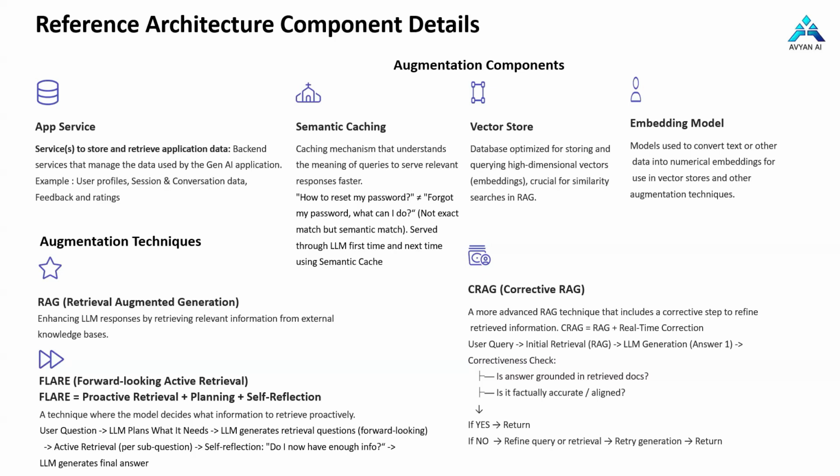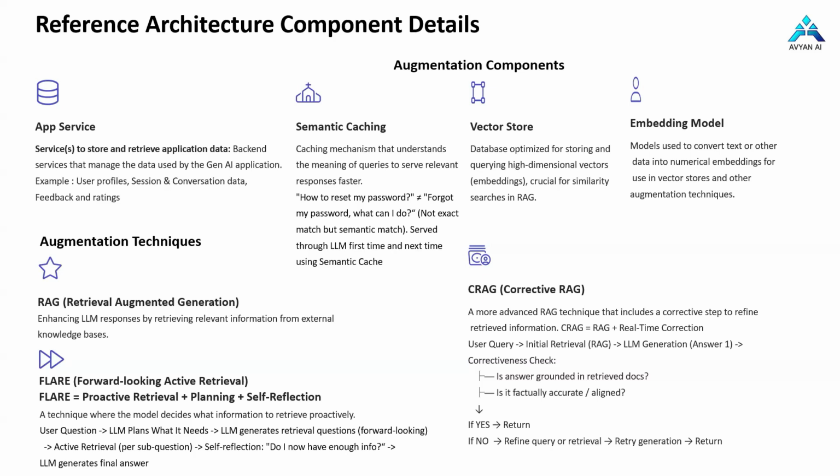But in the FLARE architecture, it comes back to the vector database multiple times based on how it is formulating the final query. It does planning, works out what kind of information it requires, fetches that information, then gives the final answer. That's what FLARE is.